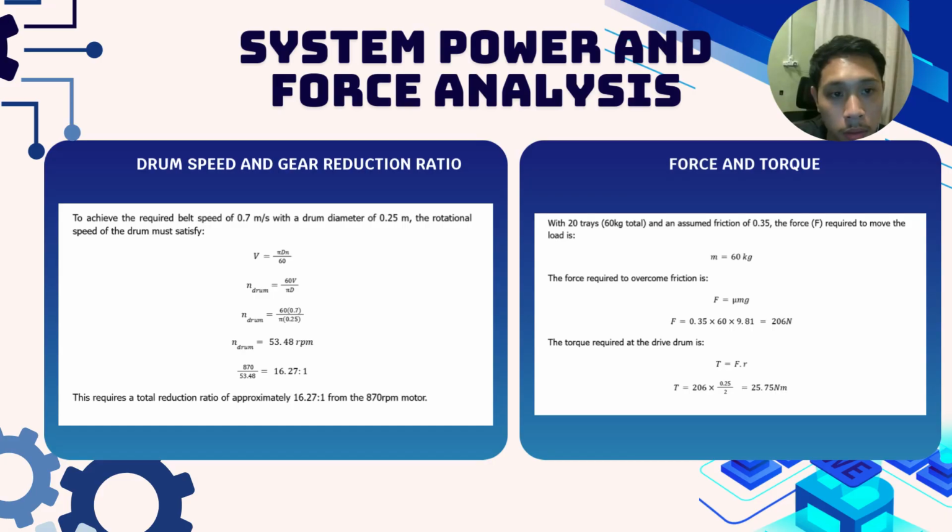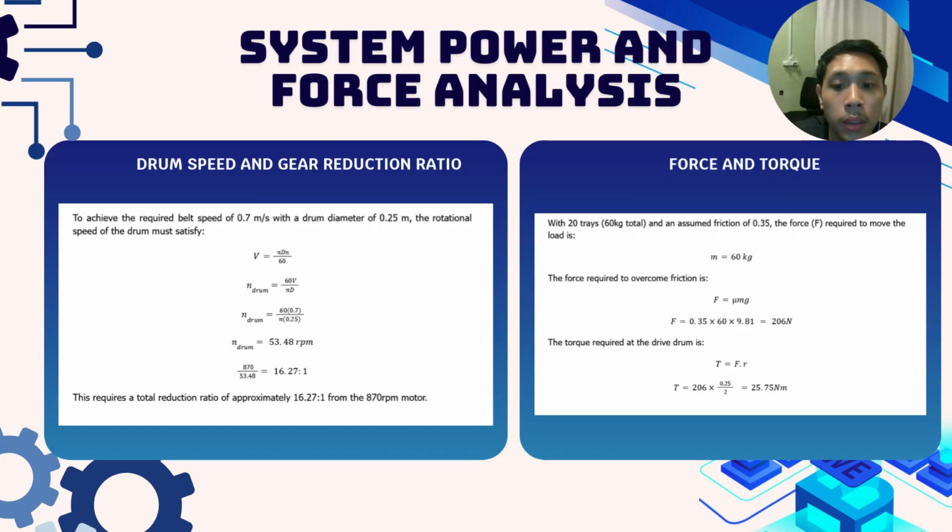Next slide is the system power and force analysis. Now looking at the kinematics, to achieve our target belt speed of 0.7 meter per second using a 0.25 meter drum, we use the rotational speed formula.